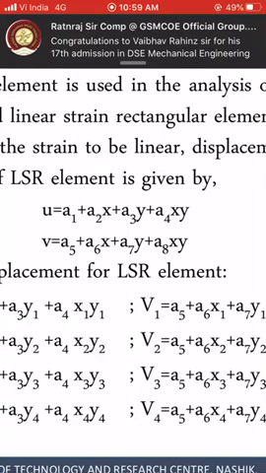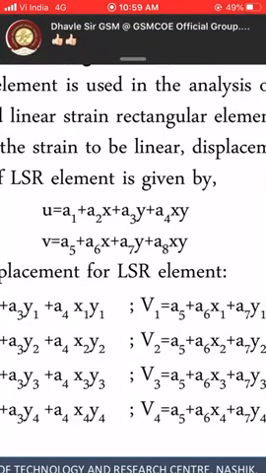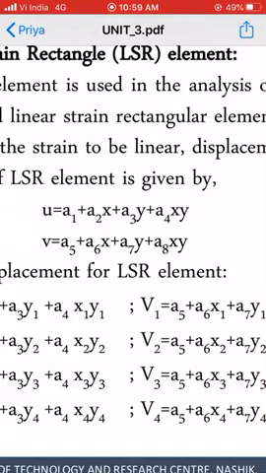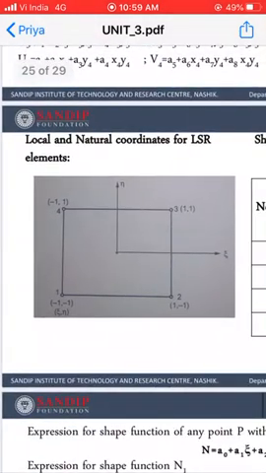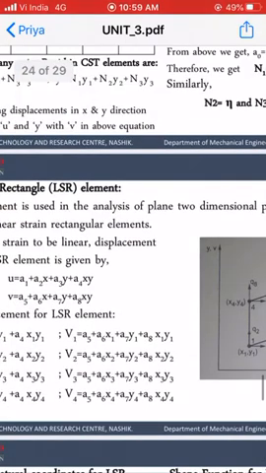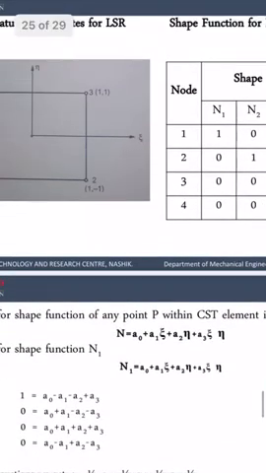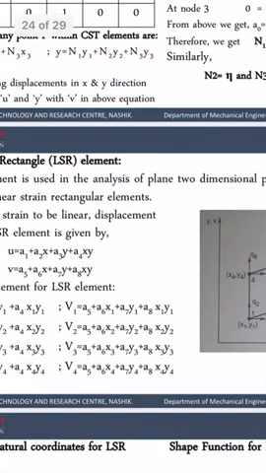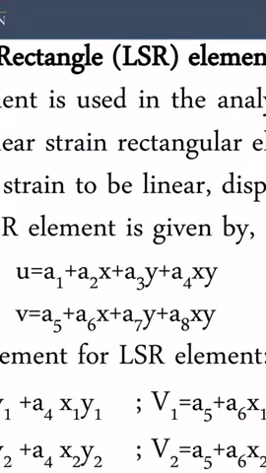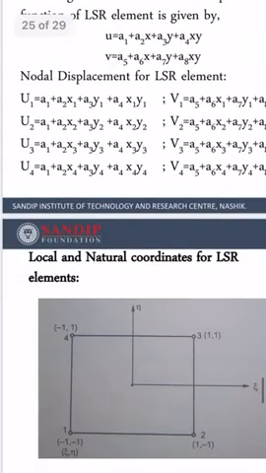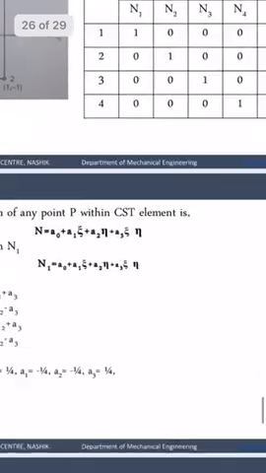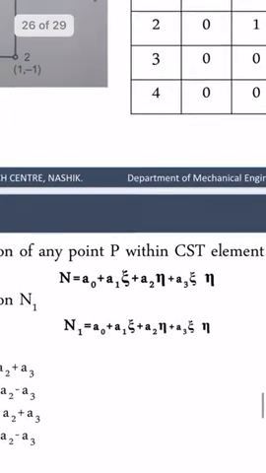So the generalized shape function N will become a0 plus a1 zeta plus a2 eta plus a3 zeta eta, instead of x and y we need to put zeta and eta. So we can write this shape function in this way: N is equal to a0 plus a1 zeta plus a2 eta plus a3 zeta eta.